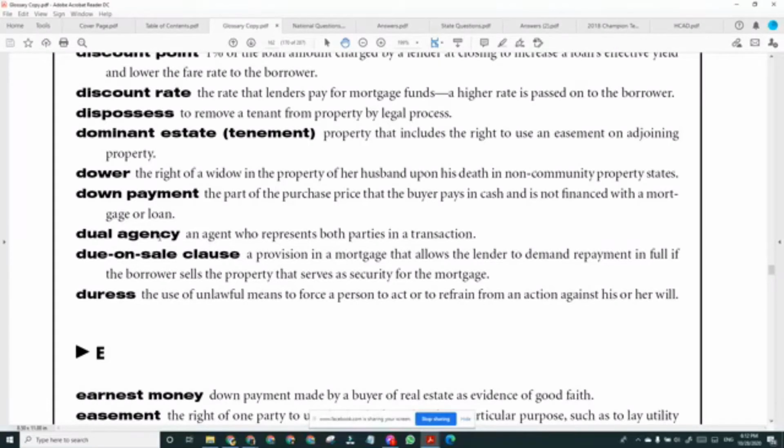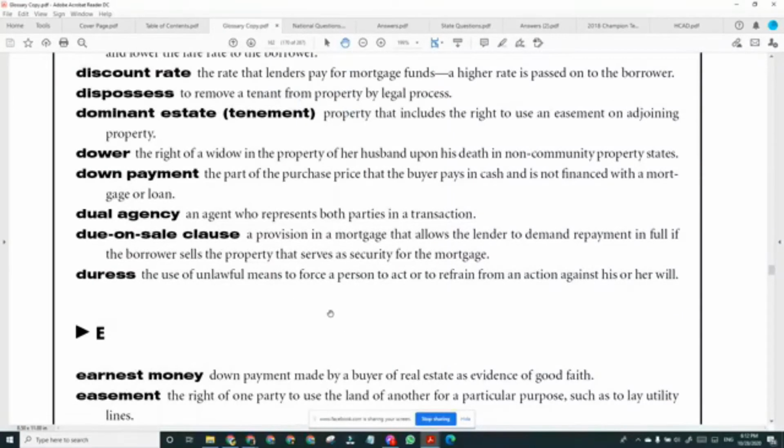Dual agency. We don't have dual agency in Texas, right? We can only represent one party. An agent who represents both parties in a transaction. However, the broker becomes an intermediary, which is almost like dual agency because they're representing both sides through the realtors on the same property.